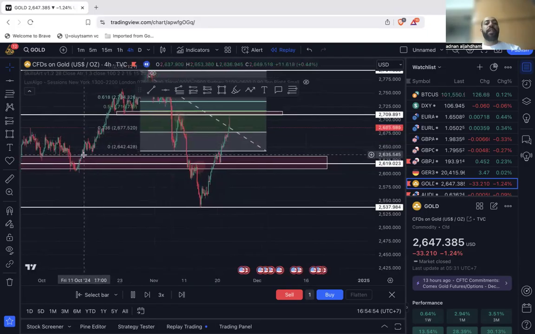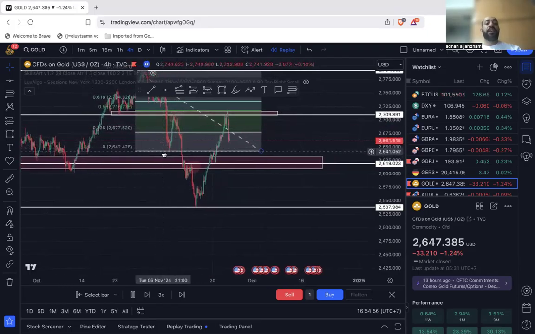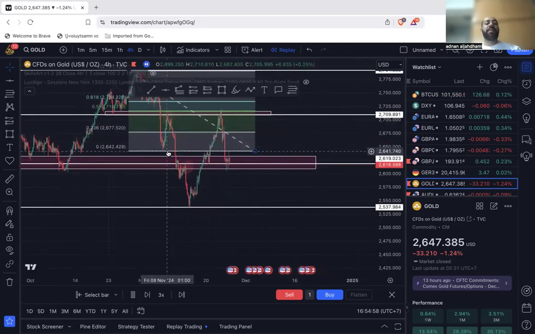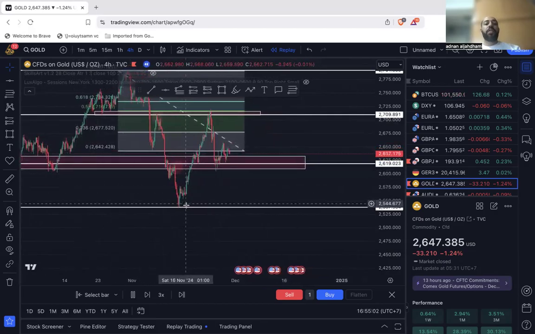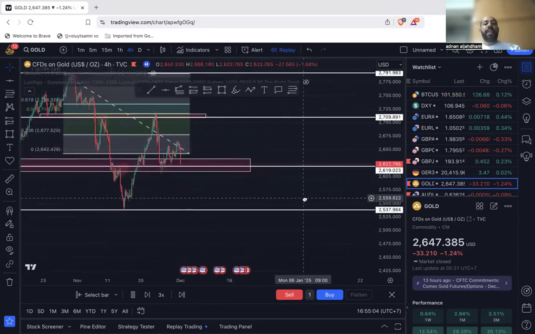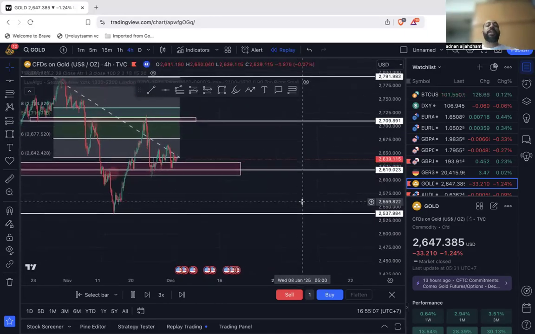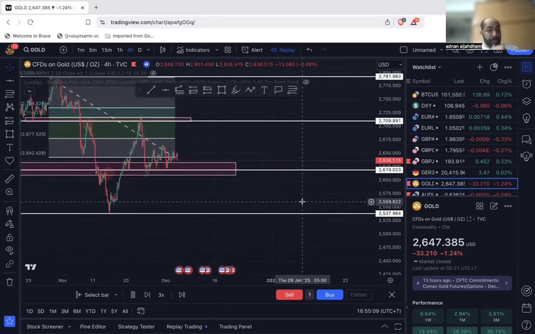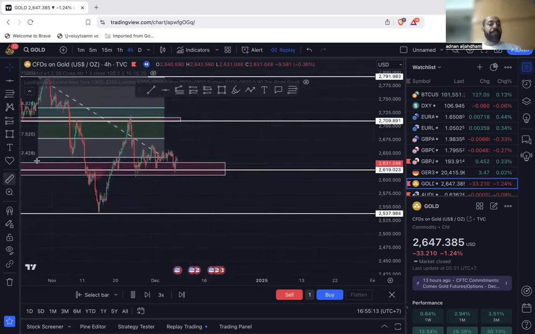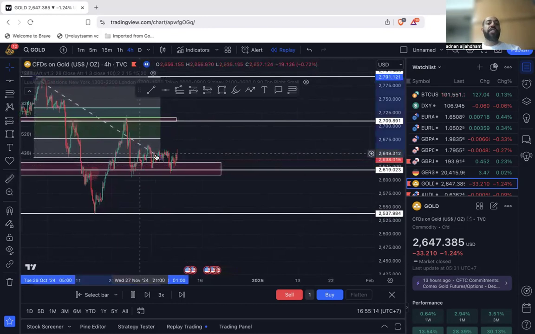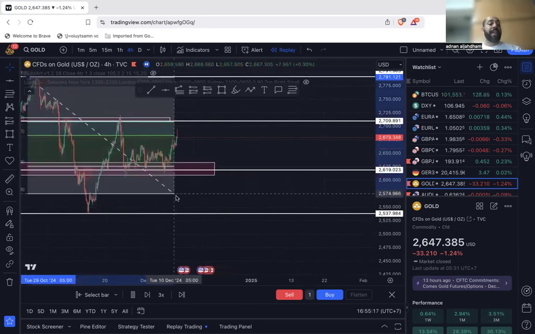So it took the last rejection point, the last swing low here, and the next one, and continued down all the way to the lowest point in the chart. After that, it got rejected and changed direction and went up again.